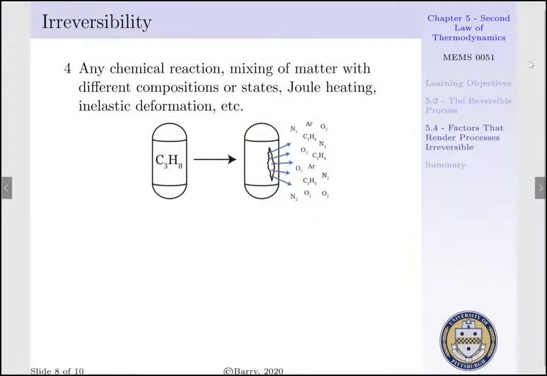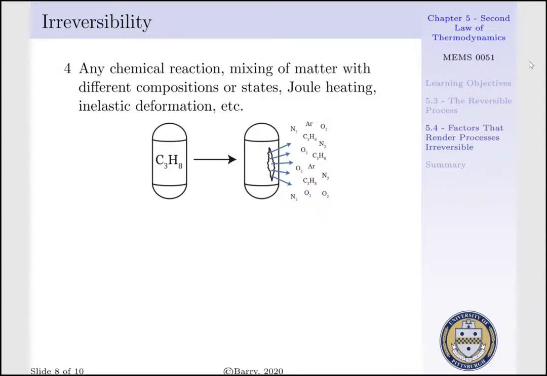And the last mechanism is any chemical reaction, mixing of matter with different composition or states, Joule heating, or inelastic deformation. Anytime we have a chemical reaction, we cannot take the resultant materials, put them back together, and form our initial material. If we have mixing of matter at different compositions or states, we're going to have irreversibility associated with either heat transference or phase change.